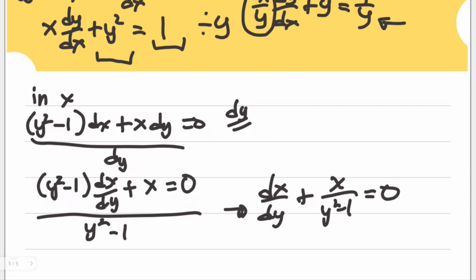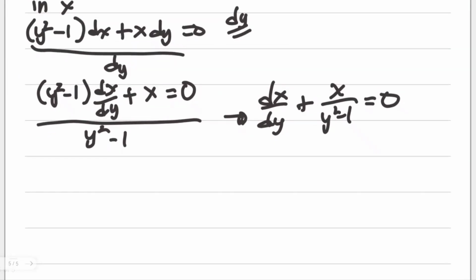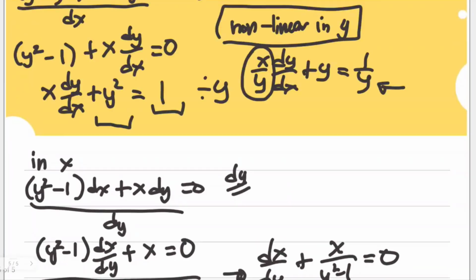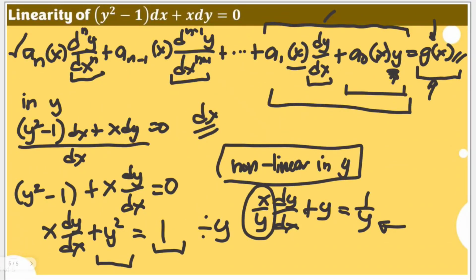Is this linear or not? The answer will be determined by the next few steps, as we can rewrite this as plus 1 over the quantity y squared minus 1 times x equal to 0. This would be a certain function of y, and this doesn't violate the idea, because x is our dependent variable for this form.